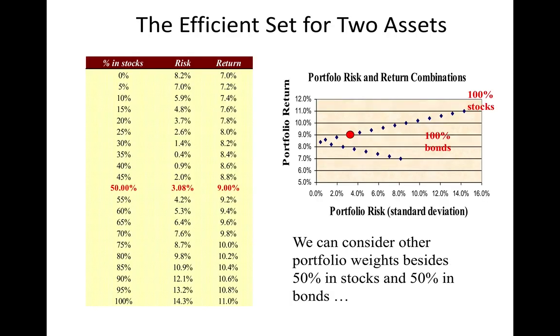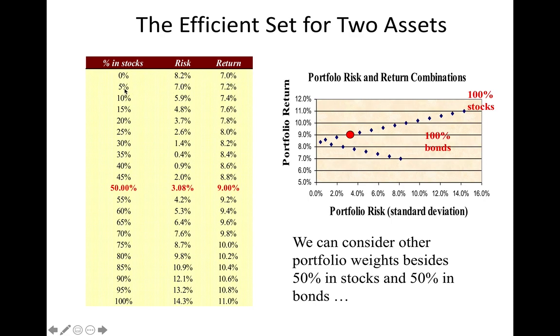Now what we can do, in trying to find out what kind of combination we should use for this particular set of risky assets, is arrive at what we'll call an efficient set. So take this example where you realize that we have 0% in stocks, which implies that all our investment is in the bond. We get a return of 7%, but our risk is 8.2.